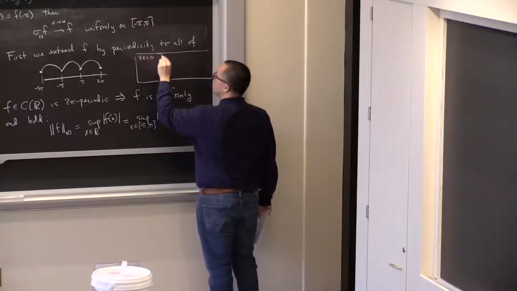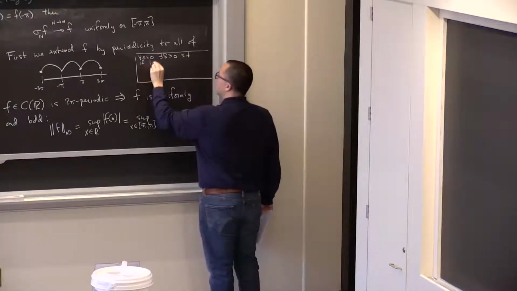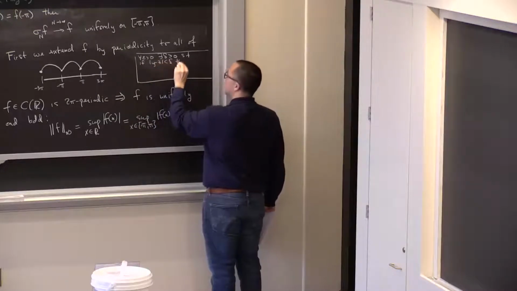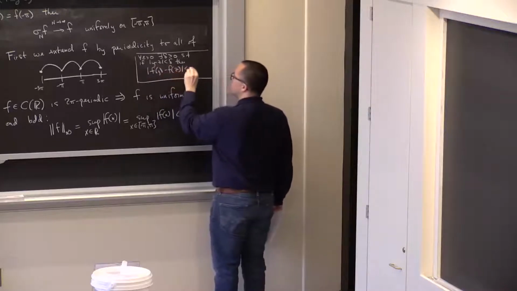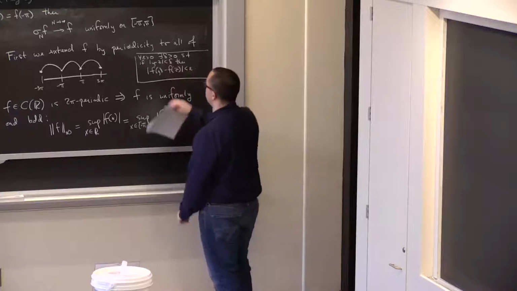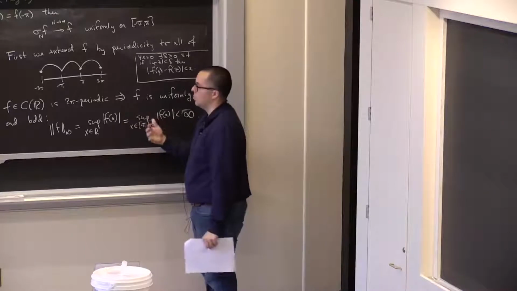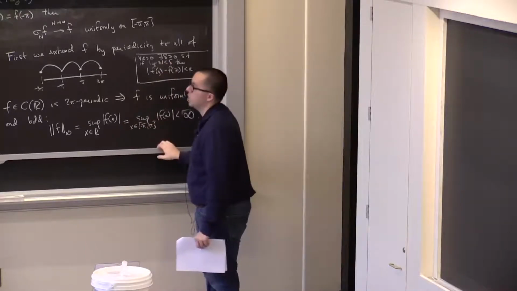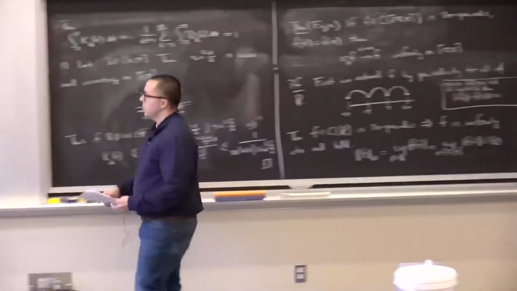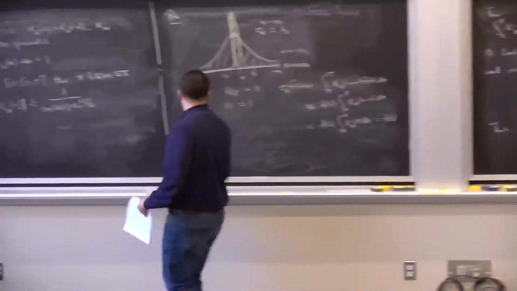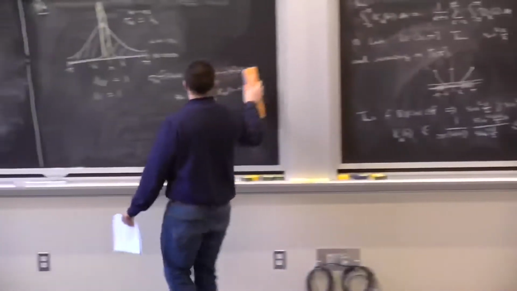For all epsilon positive, there exists a delta positive such that if |y minus z| is less than delta, then |f(y) minus f(z)| is less than epsilon, meaning I can choose a delta independent of the point. Continuous at a point means I fix x, then for all epsilon there exists a delta. Uniformly continuous means the delta doesn't depend on the point I'm looking at.